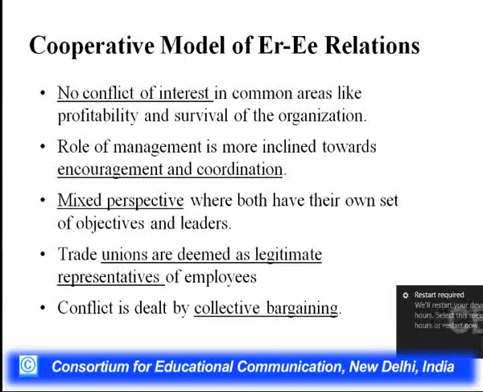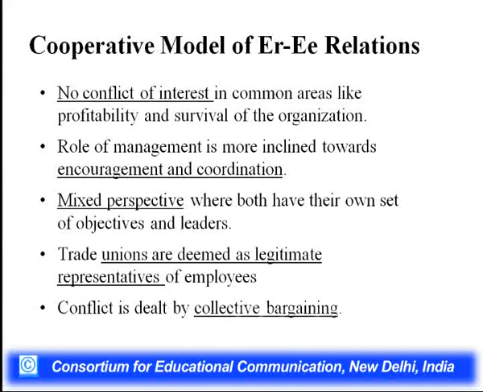Now we have another model, the cooperative model of ER and EE relations. In this case there is no conflict of interest in common areas like profitability and survival of the organization. So this is similar to the perfect one, but with a slightly different approach.